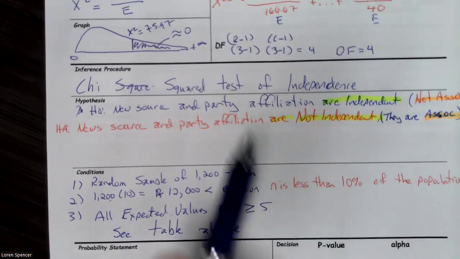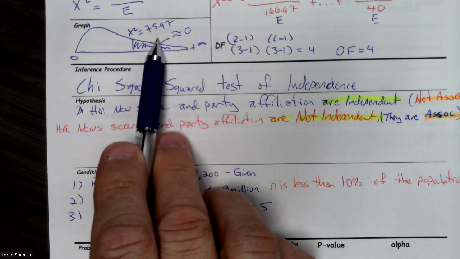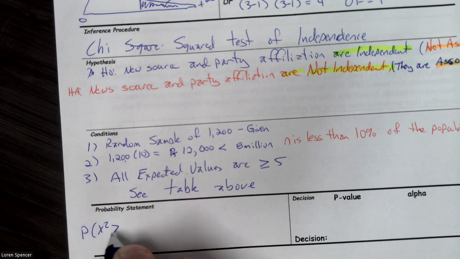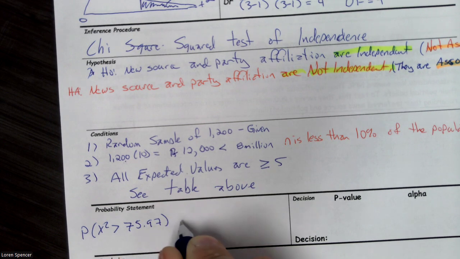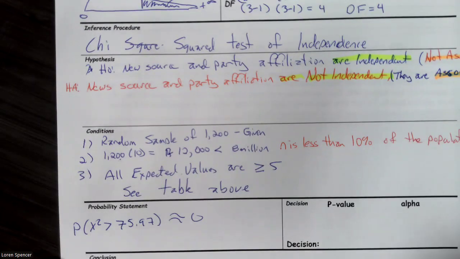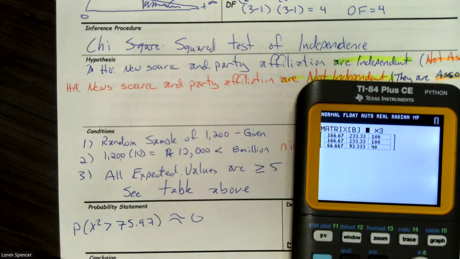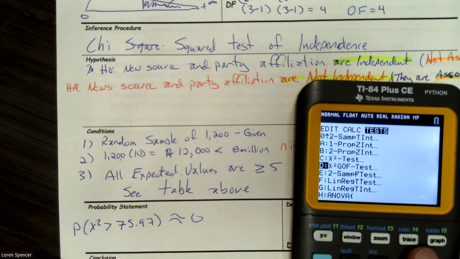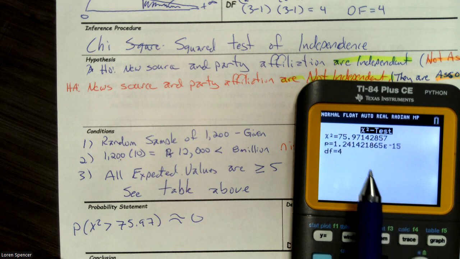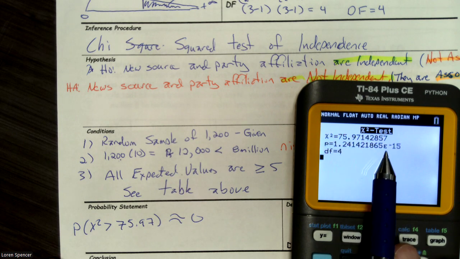All right. So we had the probability that chi-squared is greater than 75.97. So the probability that our chi-squared value is greater than or equal to 75.97 is approximately 0. Now I got that off the table, but I'm going to get it off the calculator. If I go stat test, chi-squared test, there it is, 75.97, and I see e to the negative 15.